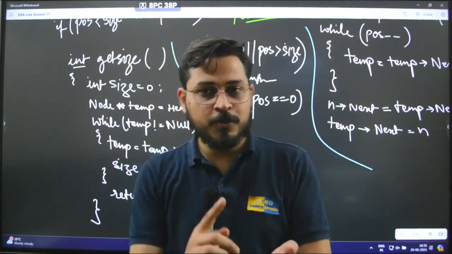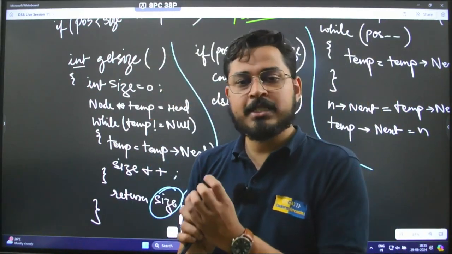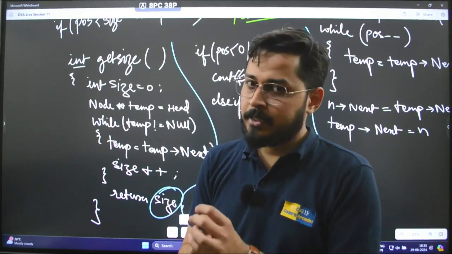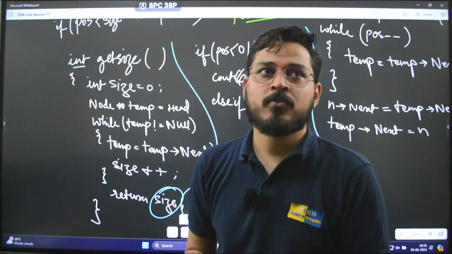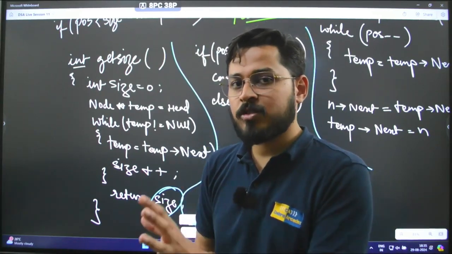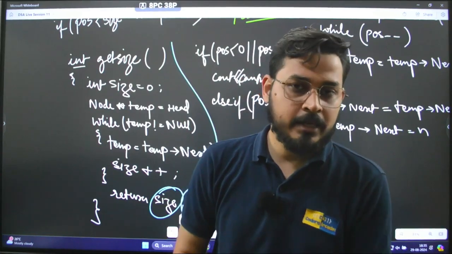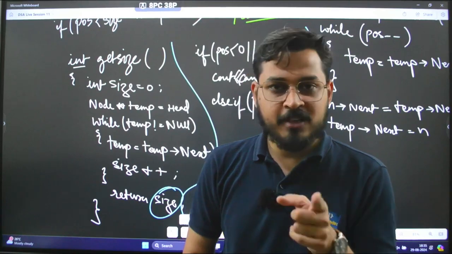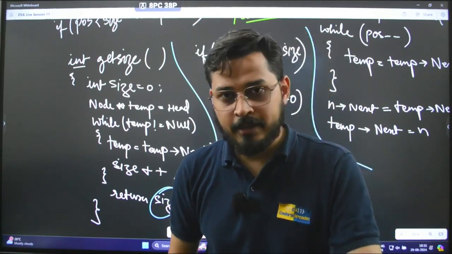First edge case is position less than 0, that means the position is negative, or the position is greater than the size. In that case, we cannot do anything. Or else if position is given as 0, that means you have to do insert at head. If you don't know insert at head, please go ahead and watch our previous to previous live session. We have explained that there.